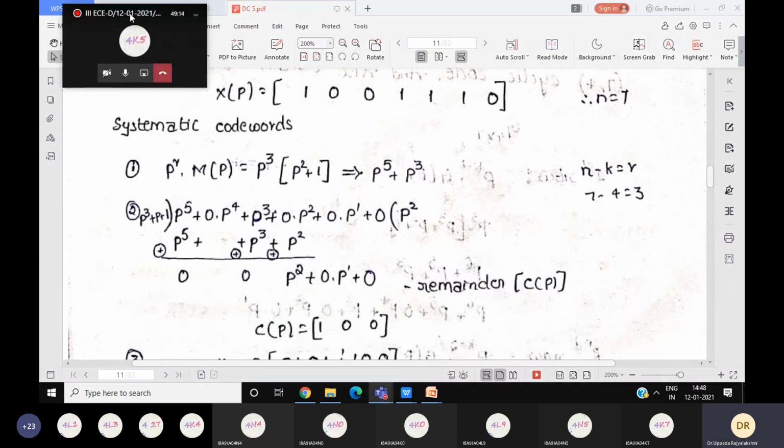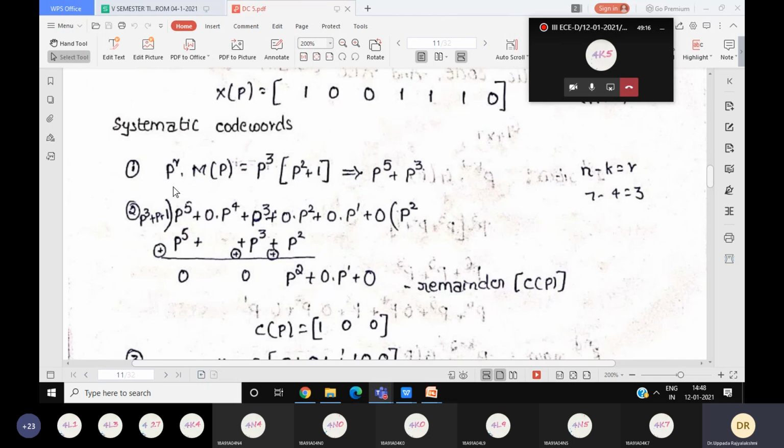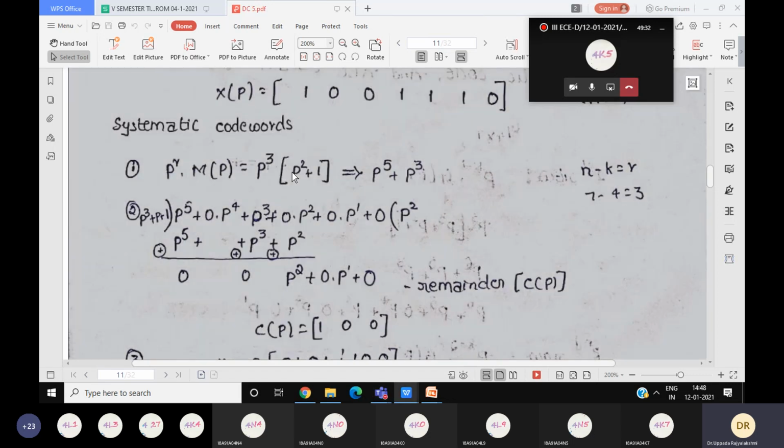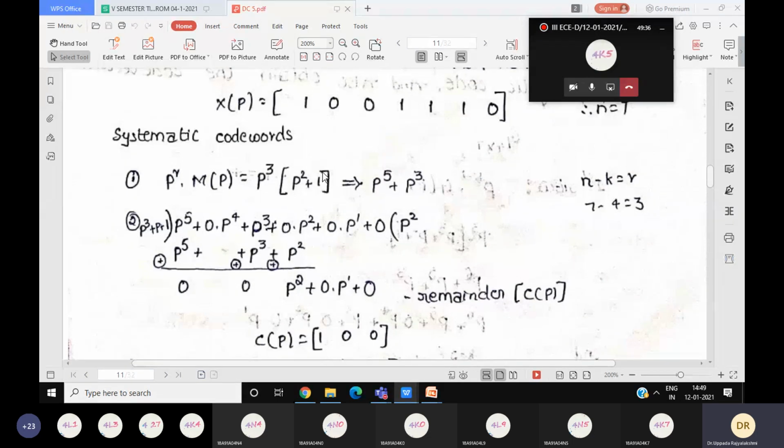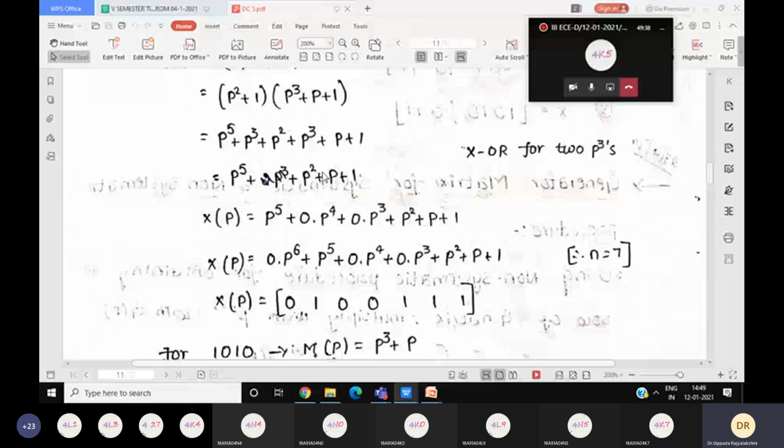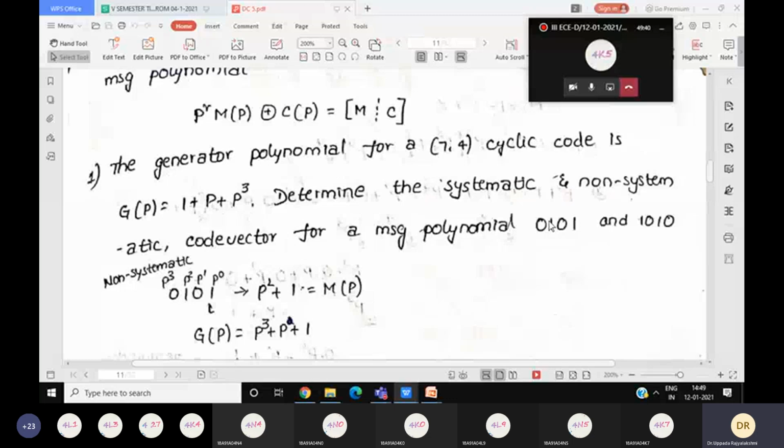So let us go through the systematic procedure. So p power r into m of p. What is the first step? Multiply the versus polynomial with p power r. So r is 7 minus 4, so 3. So p cubed into the versus polynomial. This is p square plus 1, that is 0 1 0 1. What is the first combination? The first combination is 0 1 0 1.